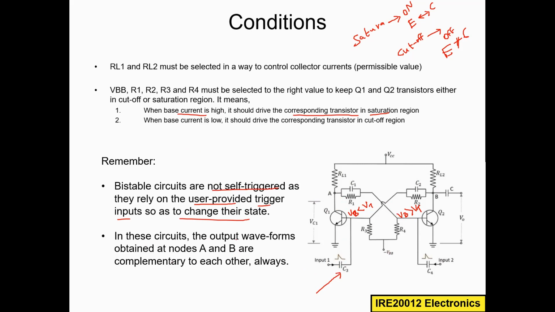In these circuits, the output waveforms obtained at node A and node B are complementary to each other. Whenever you have logic 1 here, you will have logic 0 at node B. If you change this to 0, then this will automatically be 1. That is the nature of the circuit, which is why we call this complementary. If this is 0, the complement of 0 is 1, or if this is 1, then this will be 0.